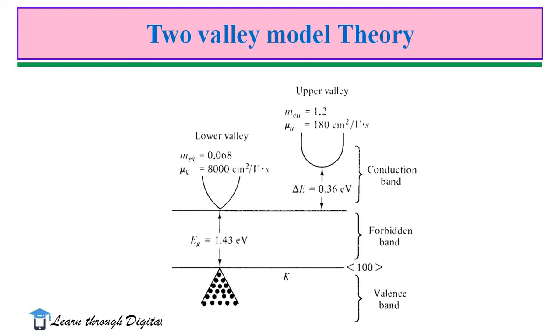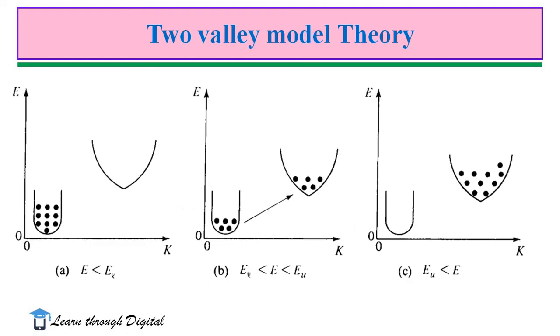This is also known as transferred electron effect. This figure shows the two-valley model of n-type gallium arsenide. Here, electron densities in the lower and upper valley remain the same under an equilibrium condition when E is less than EL. When the applied electric field is lower than the electric field of the lower valley, no energy will transfer to the upper valley.